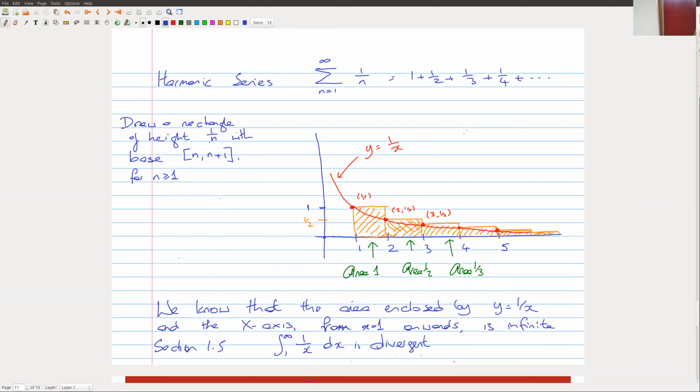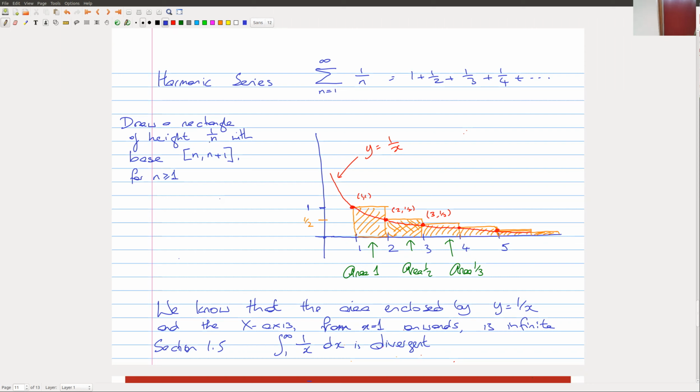It's not the only way, and there are other very nice ways as well, which are detailed in the lecture notes. There's at least one other way explaining how this series is divergent. But one way is to make use of our knowledge about improper integrals and to note that this sum, if it has a value, would represent that area which exceeds an area of a region that we already know to be infinite.